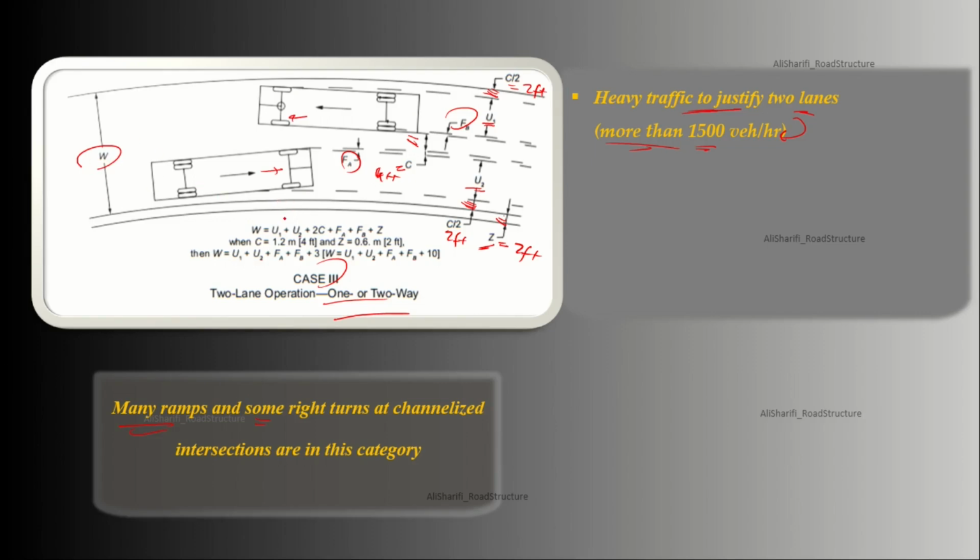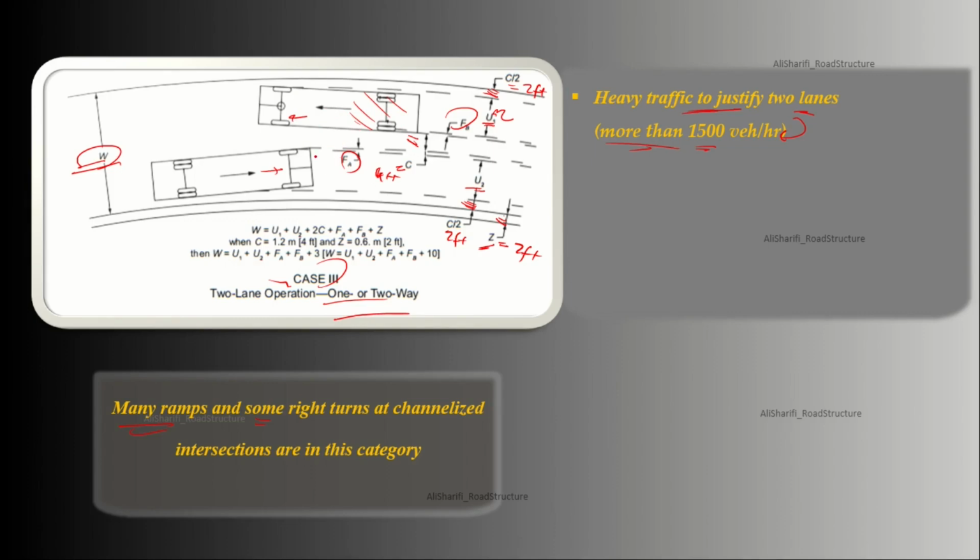All right, so far we're done with the cases, but to calculate the width of a turning roadway, the parameter U, which represents the width occupied by the design vehicle, has to be known, which depends on the physical characteristics of the selected design vehicle or vehicles, and also the radius of the turning roadway.